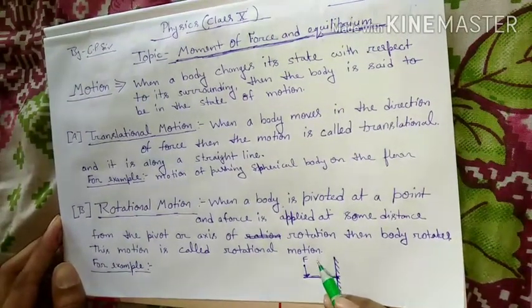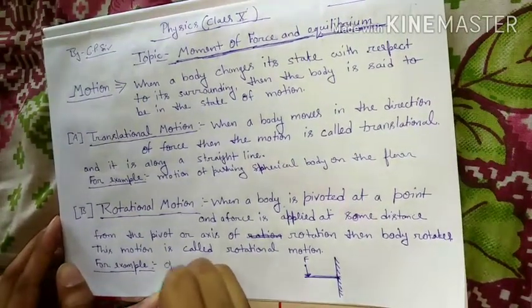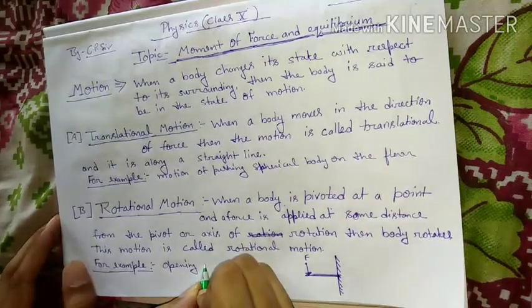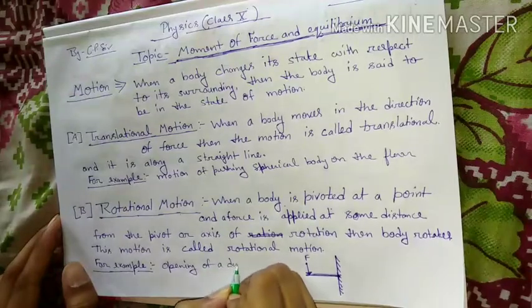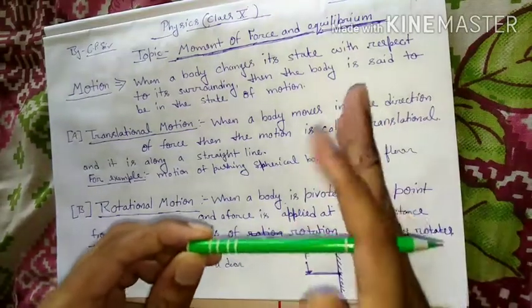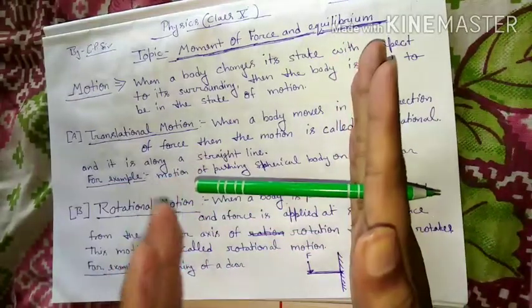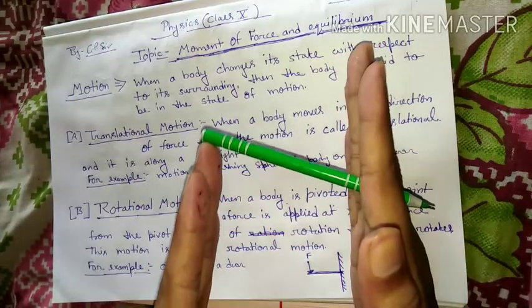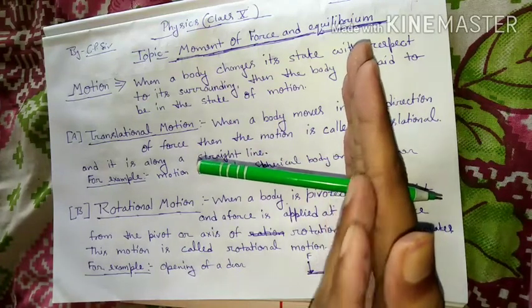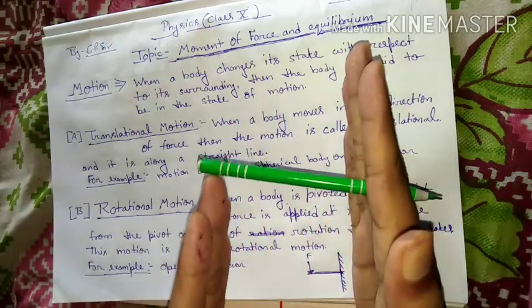For example, opening a door. When you open a door of your home, you can see that if you apply a force, the one side of the door is fixed to the wall and on the other side you are applying a force.